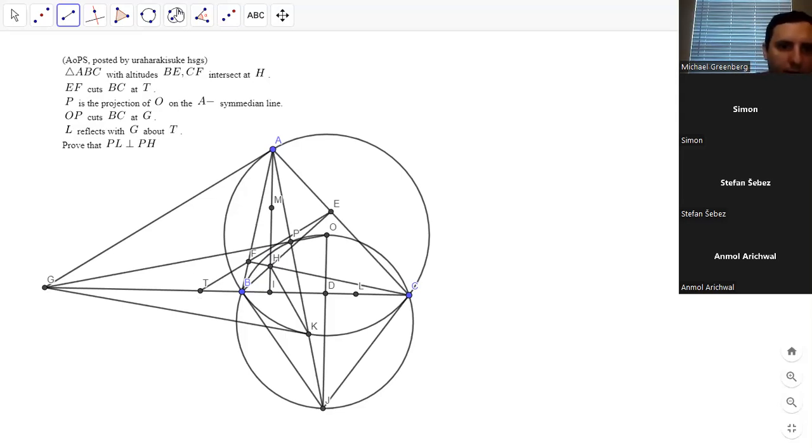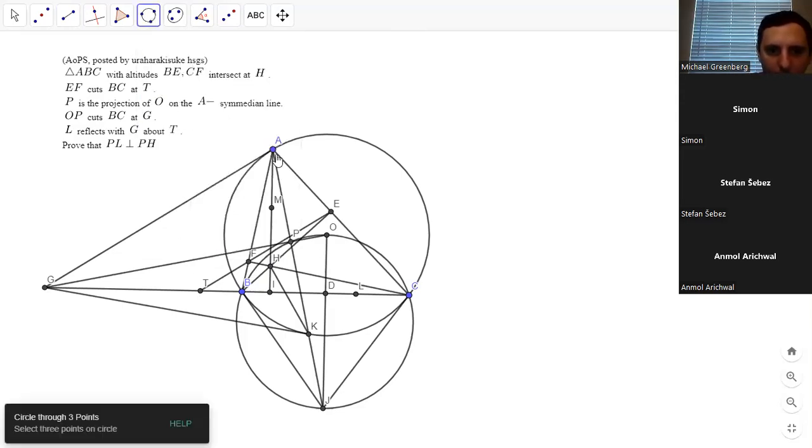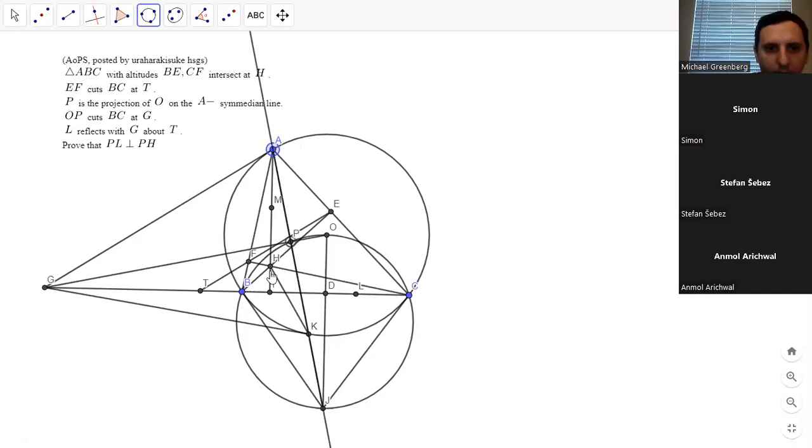So I'm going to draw in, we know that this is a cyclic quadrilateral.